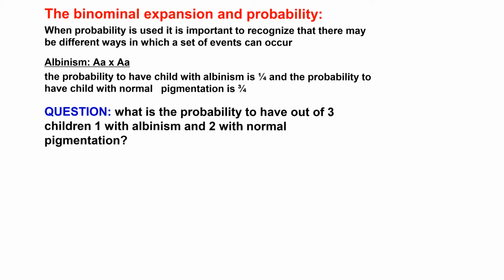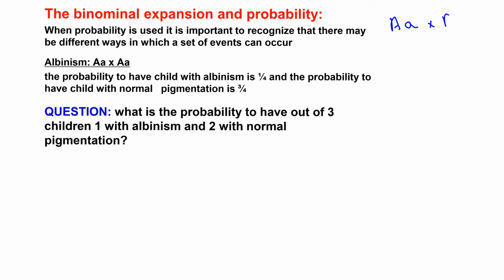So let's go to our question. So what you have to do first, you have to know how the event happened. So how you can get child which is albino if both parents are heterozygous. So first thing which you have to do is to predict outcome of this cross. And we already know that if you cross two heterozygous, 3/4 of offspring will have dominant phenotype.